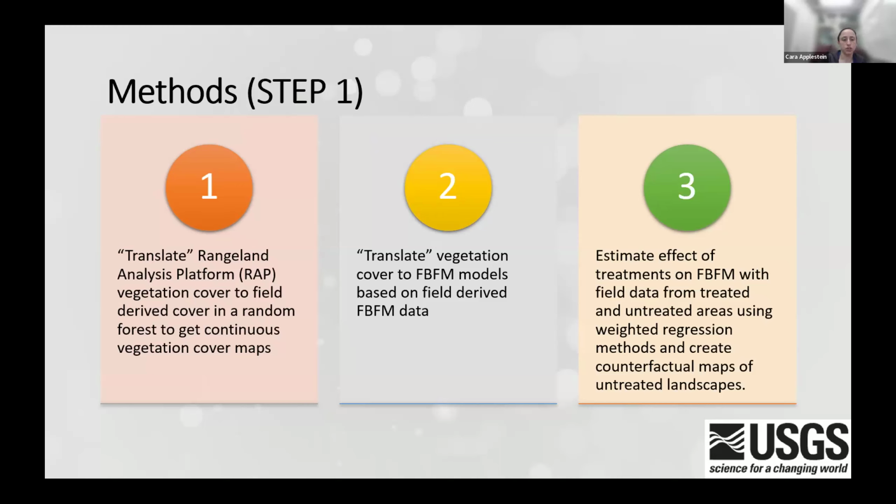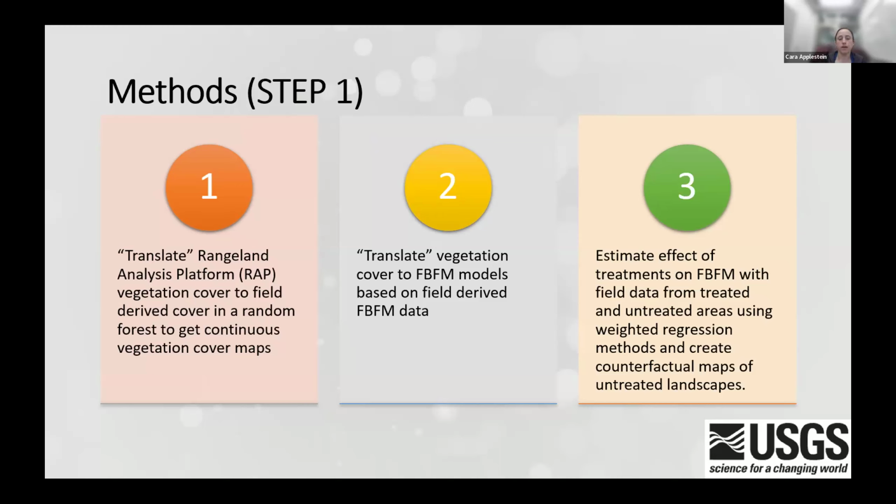Then we take that vegetation cover and translate it to the fire behavior fuel model. These are the specific categories that we have to feed into FlamMap to tell it what fuels are there so it can run the fire model. And then step 3 of this is trying to understand the effect of treatment on fire behavior and fuel models. We have a lot of field data that we fed into this from multiple different projects to look at how fire behavior fuel models are different between areas that are treated and untreated.